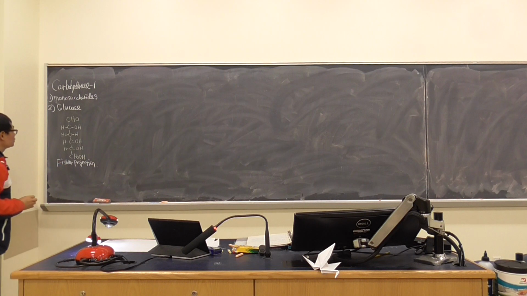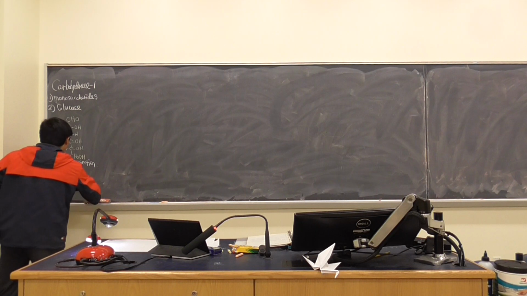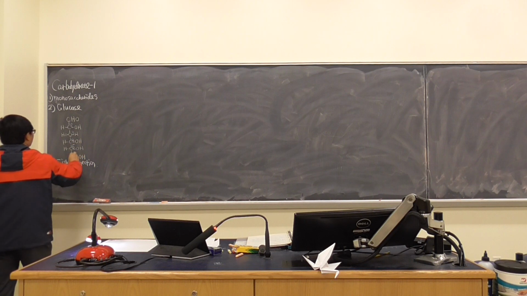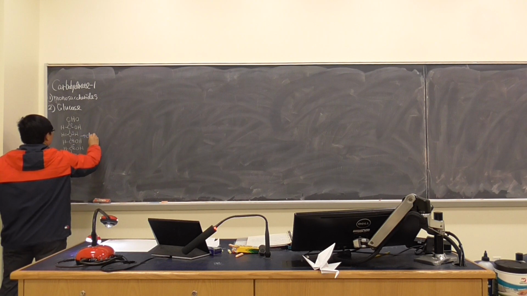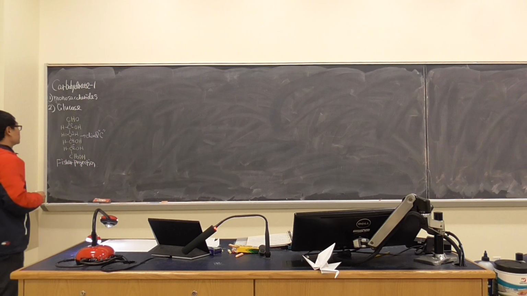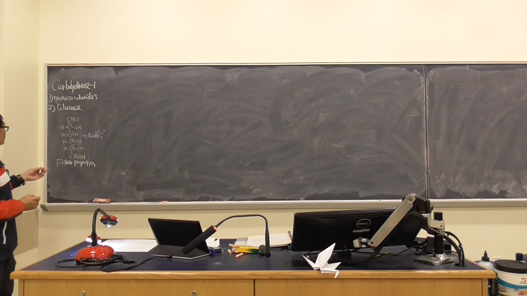And the same as we talked about with the lipids, the chiral carbons are in the center. So we have carbon number 2, 3, 4, 5; these we call chiral carbons. And why could we do the Fischer projection?